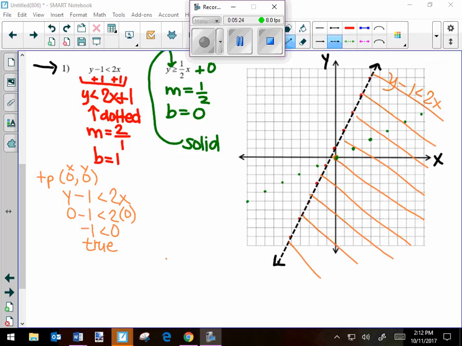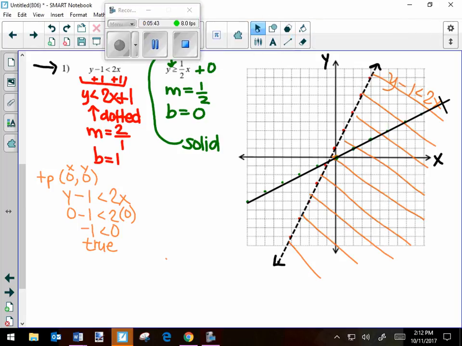So I'm going to pick up a solid line, and I'm going to connect it from this point here to this point here. There's my solid line. So I'm going to want to put arrows on the end of this. And the same thing is going to happen with this one.